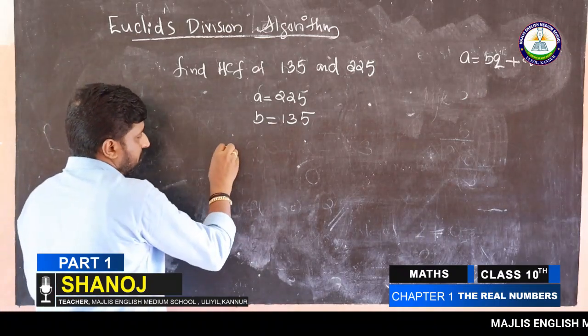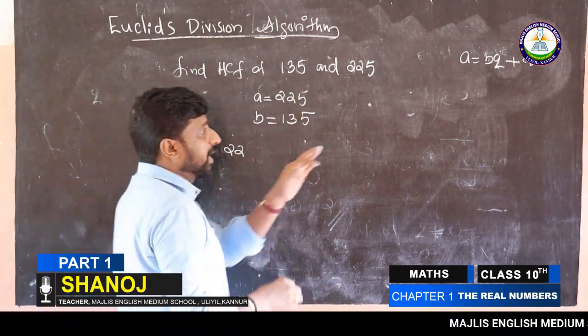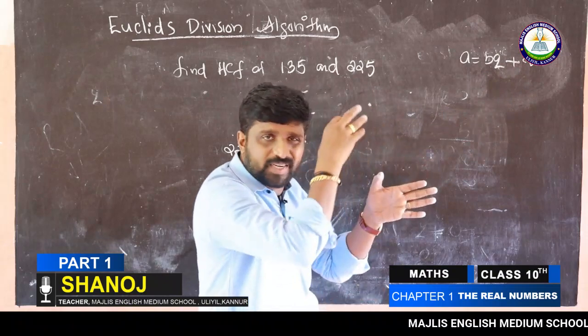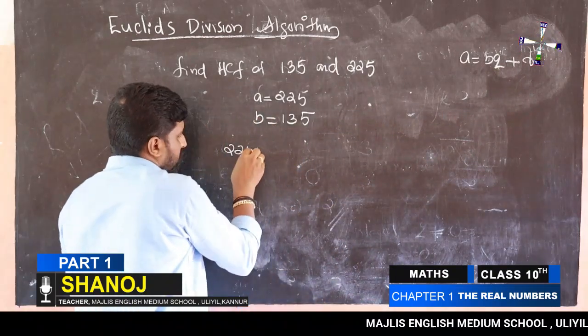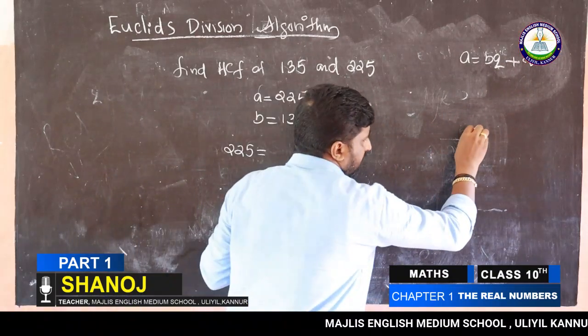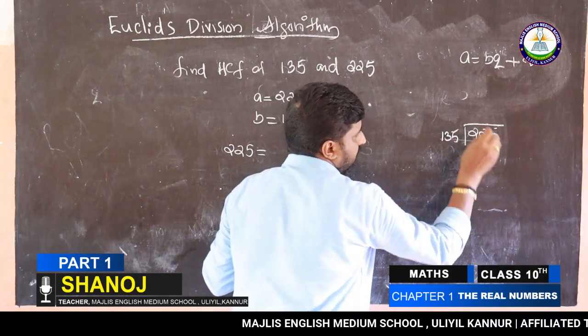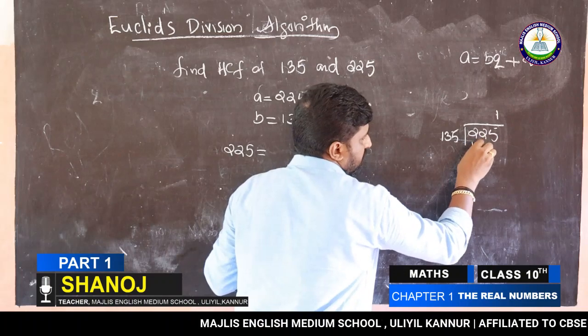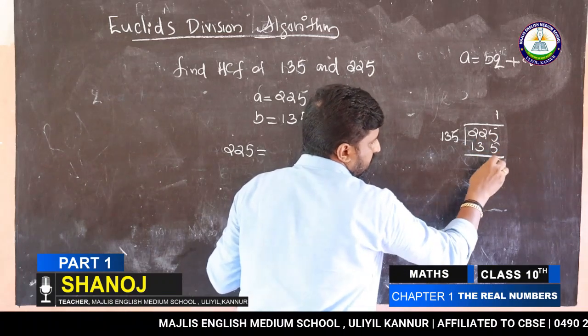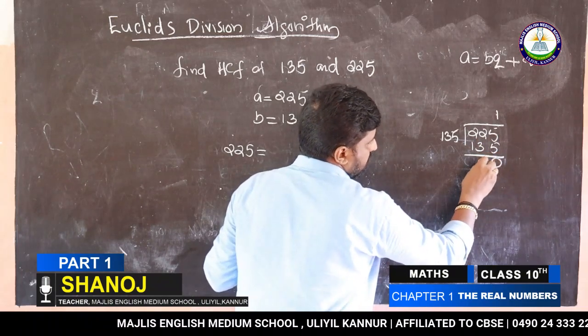Again it can be expressed in that form, a equal to bq plus r. After division we need to find out, 225 dividing by 135, that is 1 into 135, 135, subtract, that is 90.